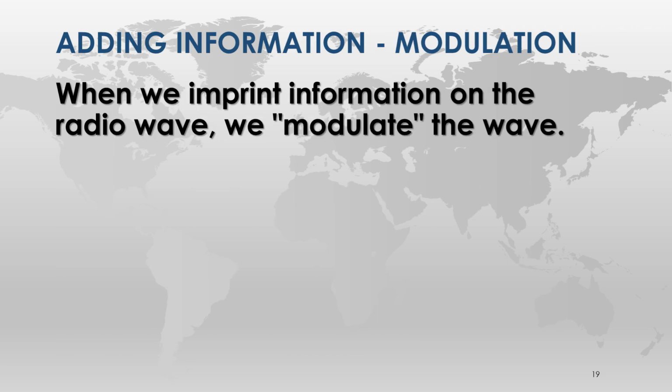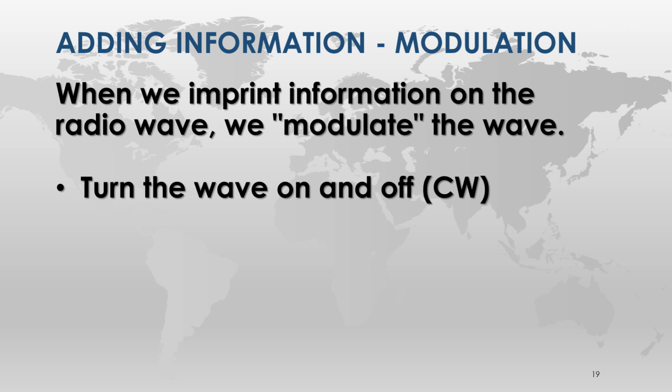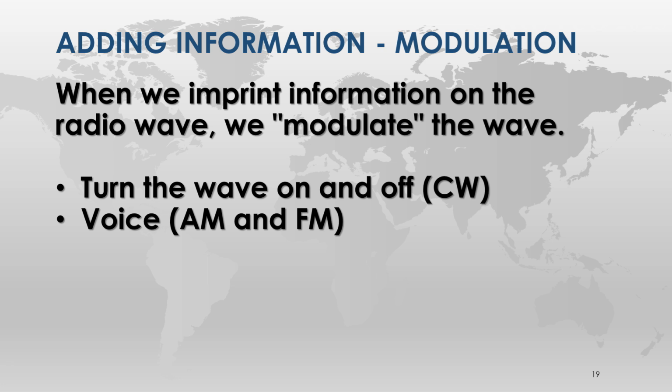When we imprint information on the radio wave, we modulate the wave. That's the data, it's the modulation. Turning the wave on and off is CW or Morse code, continuous wave or Morse code. We can use voice in AM, which is amplitude modulation, or FM, which is frequency modulation. So we can vary the amplitude of the signal or the frequency of the signal.